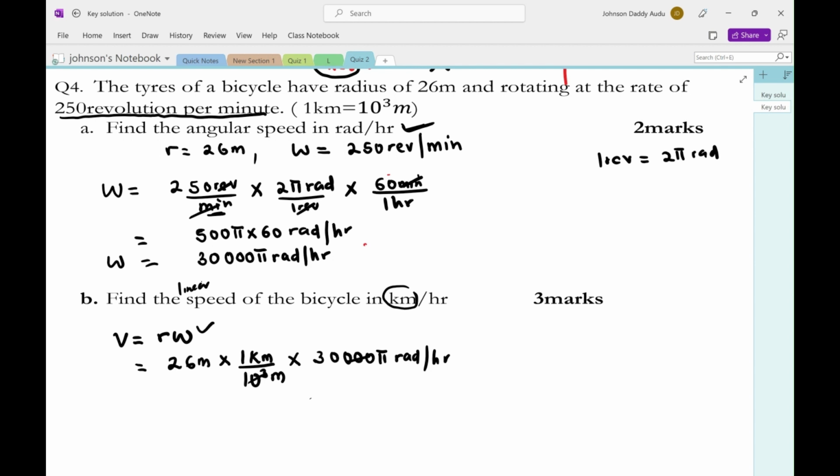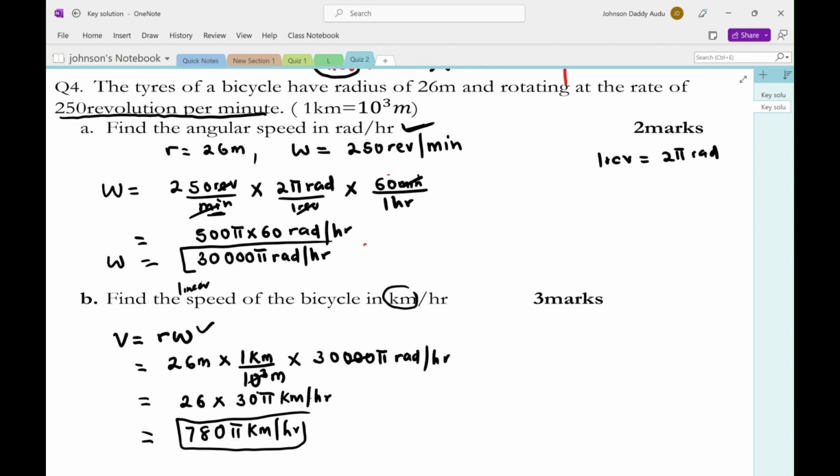So 3 zeros will go with this one. So we'll have 26 times 30 pi. Then what is left is kilometers per hour. So we'll have 780 pi kilometers per hour.